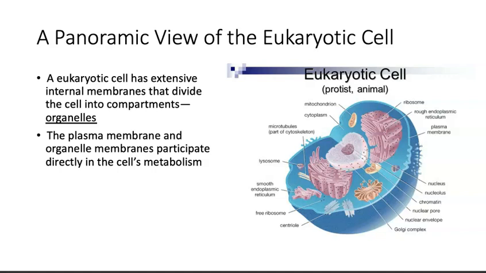It's just a structure inside a eukaryotic cell that has its own function, and it's surrounded by membrane, very similar to the plasma membrane that I've already talked to you about. So in eukaryotic cells, we have membrane both inside and on the outside of cells.